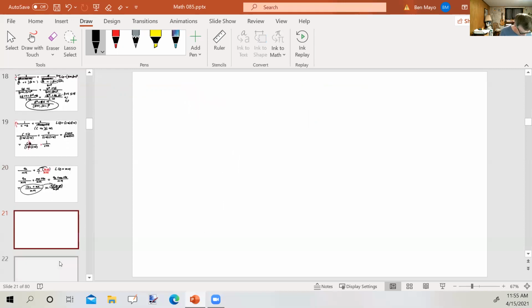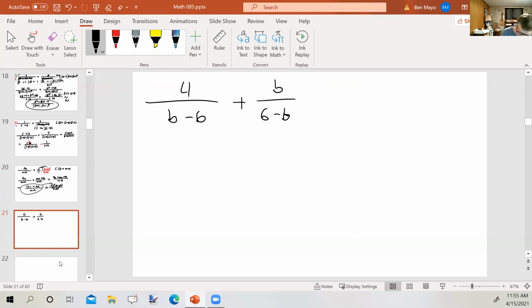Okay, now let's look at another situation. 4 divided by b minus 6 plus b divided by 6 minus b. We've looked at this situation previously.